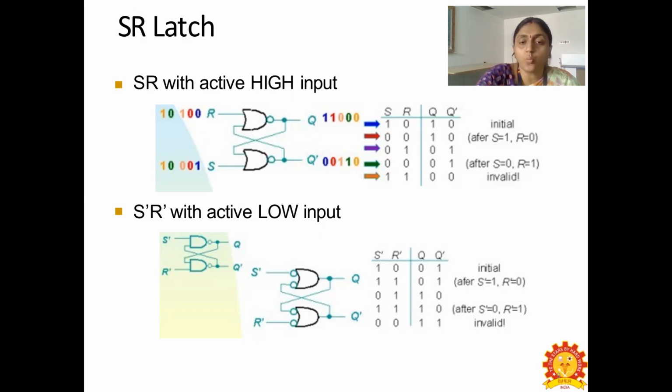Where S dash is 1 and R dash is 0, we get Q value as 0. And when S dash and R dash are 1, then Q is 0 and Q dash is 1. And when S dash is 0 and R dash is 1, we get Q value as 1 and Q dash as 0. And when both S dash and R dash are 0, it determines the invalid state.